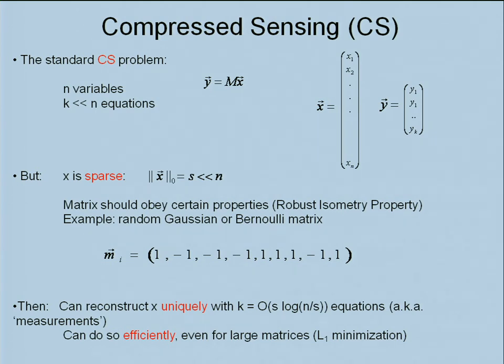The solution is possible. And there is a very nice tell that if the solution is sparse and the matrix has certain properties, then it's two things. First of all, uniquely, which is very nice. You have much fewer equations. Second, not less important because we're talking about algorithms that can do that.